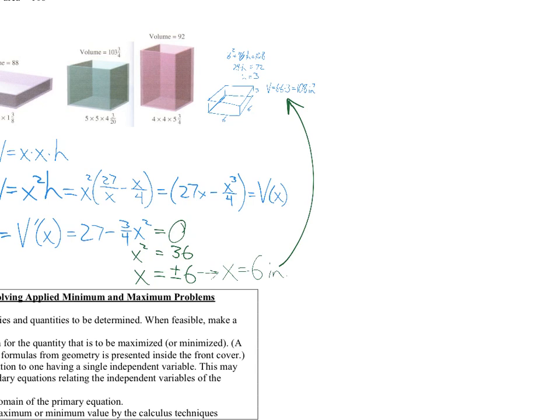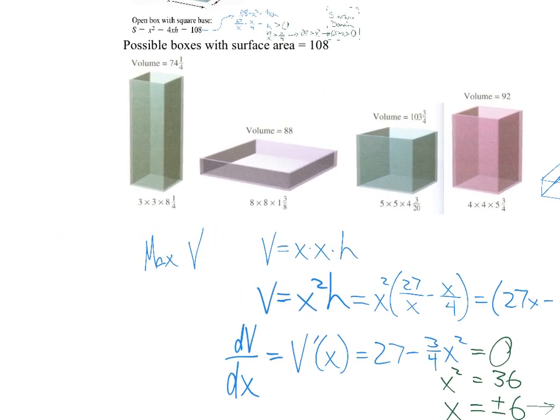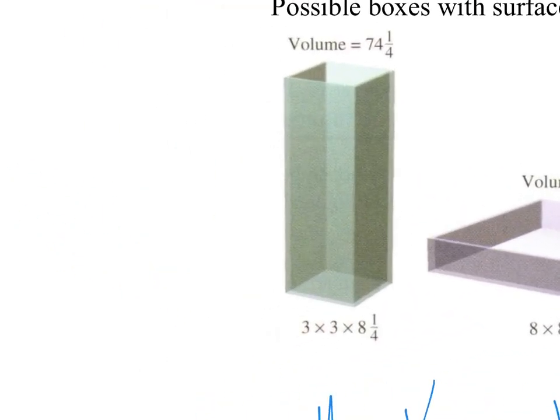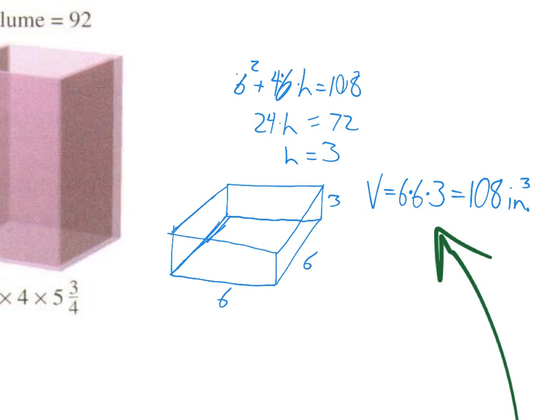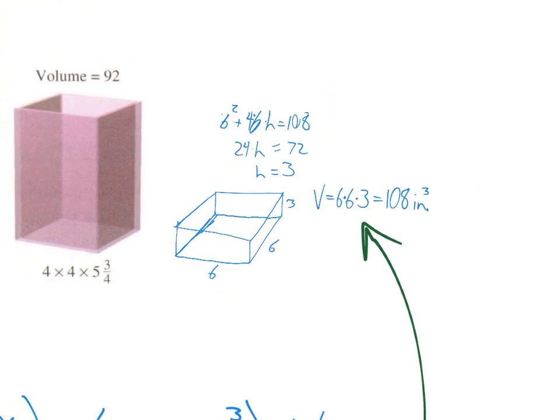But then we want it to hold as much as possible. So we could have made a box with these dimensions, but it'll only hold 74¼ cubic inches. But if we make the box with these dimensions, it'll hold a whole lot more.